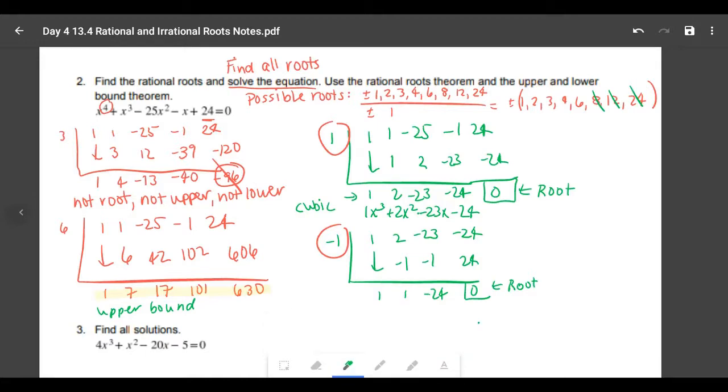So if I remember this is a quadratic, I know that the 1, 1, and -24 represent 1x squared plus 1x minus 24. All right, so I need to try to factor that, but that's not going to factor because there's nothing that multiplies to -24 that adds to 1. So instead, I'm going to use the quadratic formula.